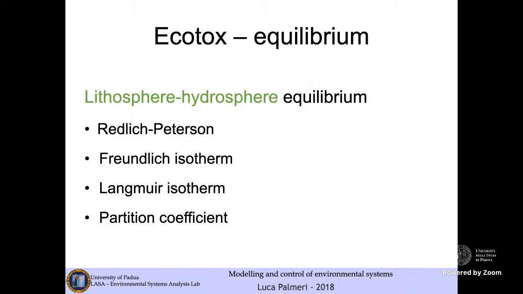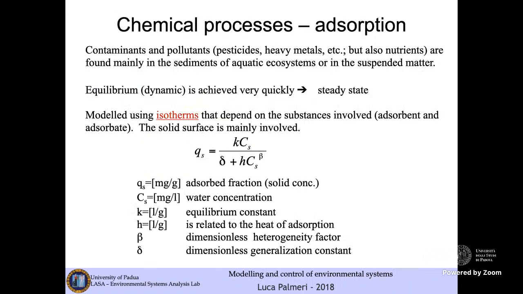In practice, you may realize that when we are talking about lithosphere and hydrosphere equilibrium, we are thinking about a process of adsorption that you already have seen in several other conditions or in several other classes. Now we shall discuss how we may deduce the mathematical model for describing the process of adsorption.